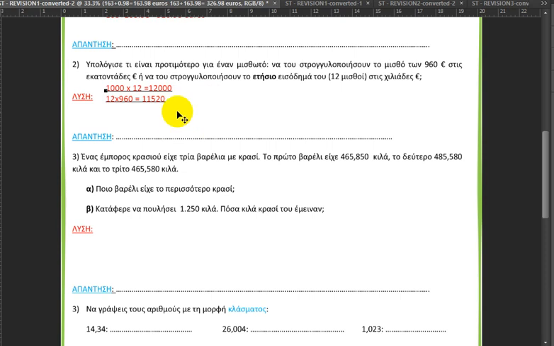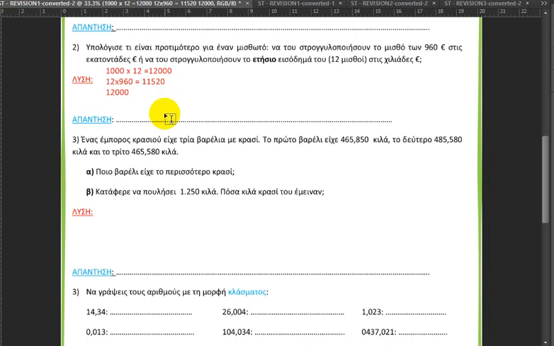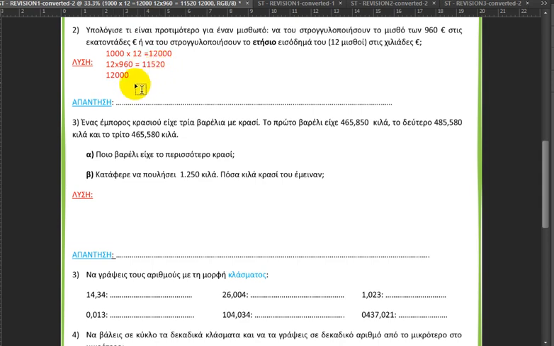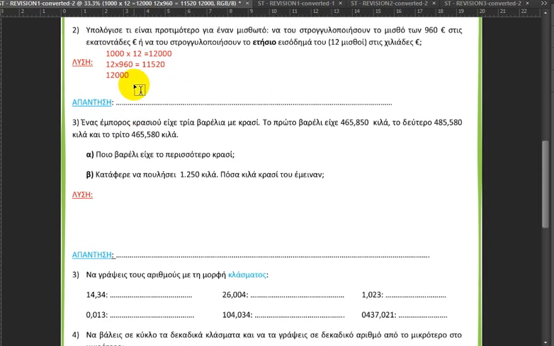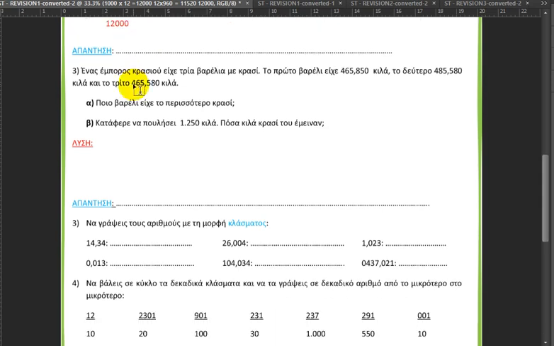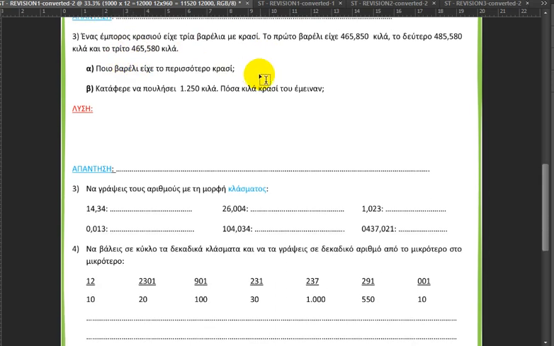Now, if this was rounded to the thousands, it would become 12,000 again. So it's basically the same. Either way, it's the same amount. So let's go, next one.